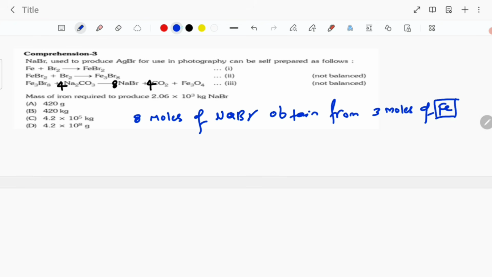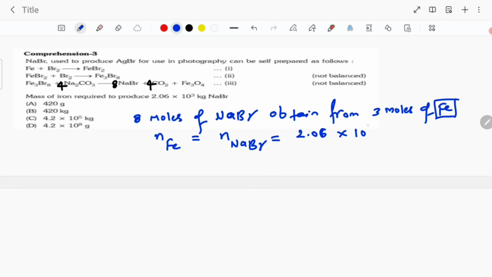Now what we can write: moles of iron is equal to moles of NaBr, when 2.06 they mention, mass of iron required to produce.